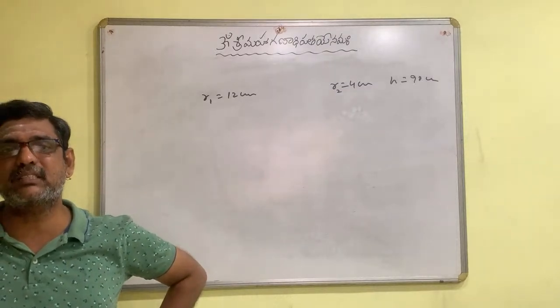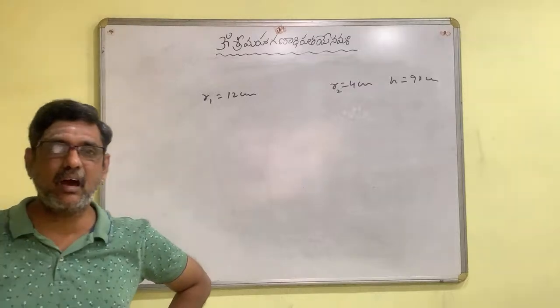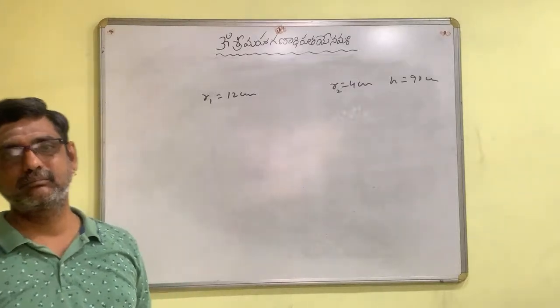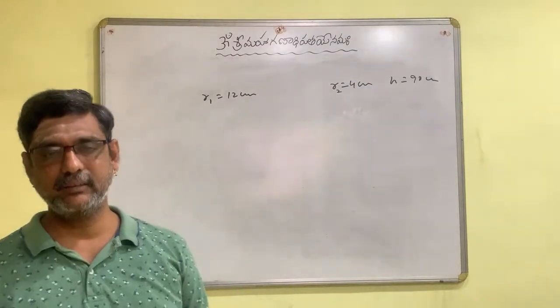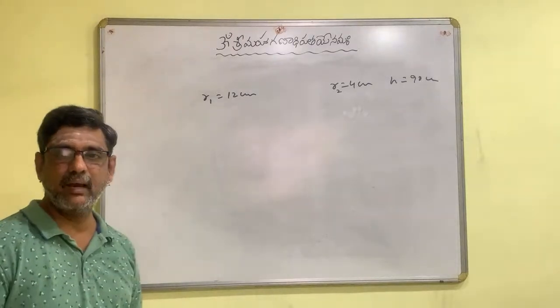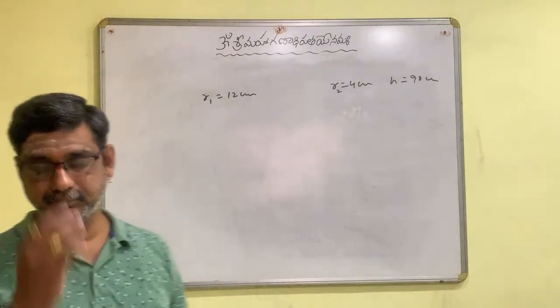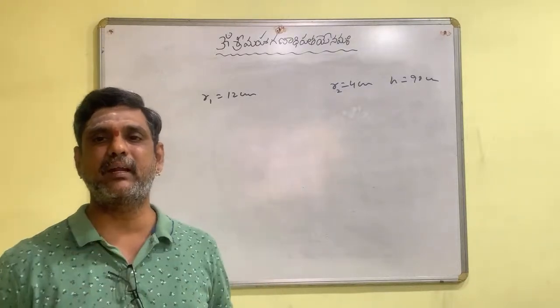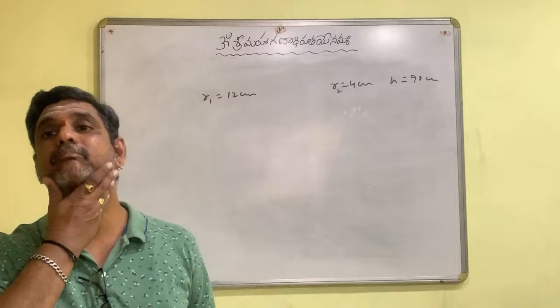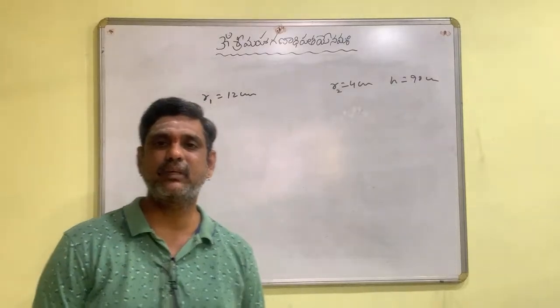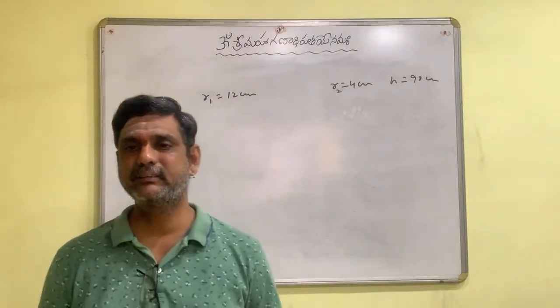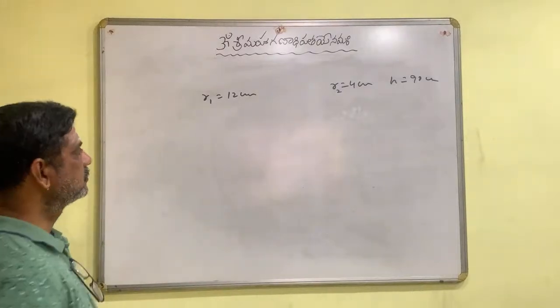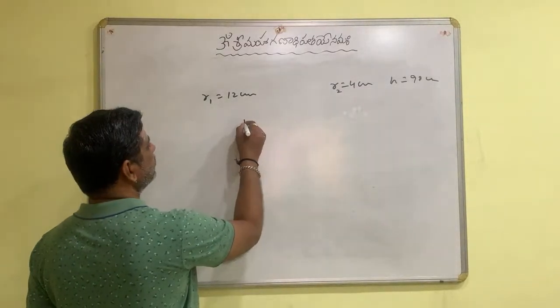So how many spheres can we make? Any idea? Volume of cylinder by volume of sphere. Find the volume of cylinder and sphere, then divide. Very good. So first find volume of cylinder.